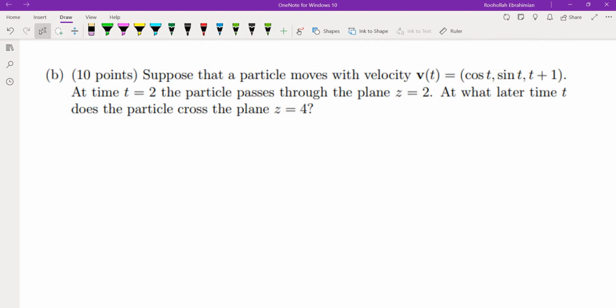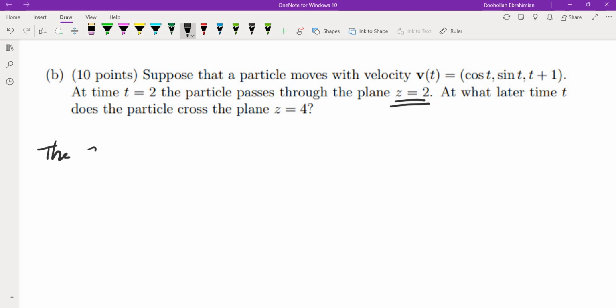Suppose that a particle moves with velocity, and the particle passes through z equals 2. Okay, so if it passes through z equals 2 at time t equals 2, it means the third component is going to be 2 when t equals 2. So let's look at the third component of the position.